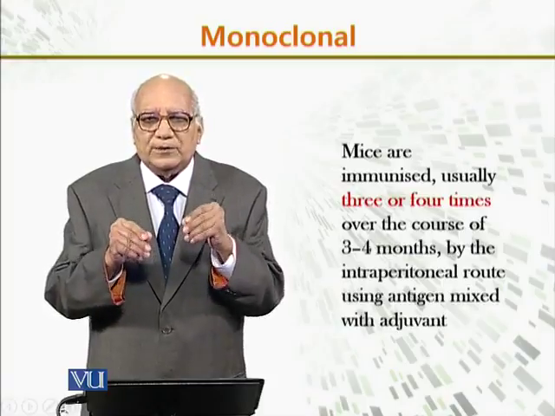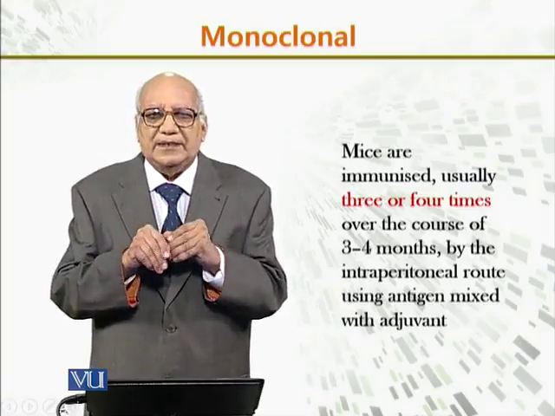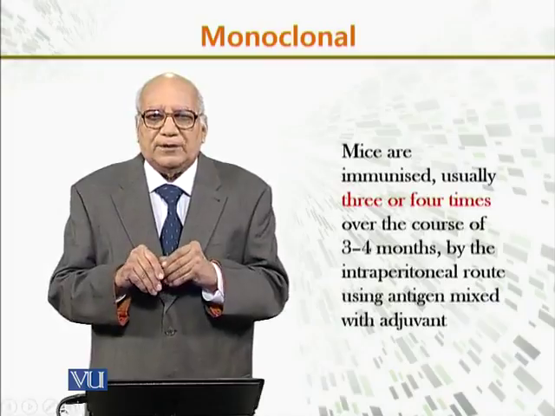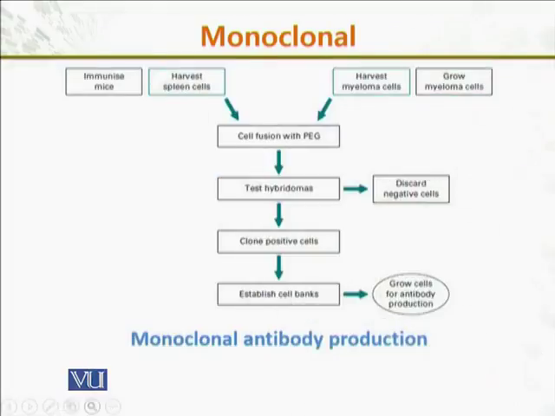The intraperitoneal route means that the antigen is injected into the intraperitoneal cavity of the mouse, repeatedly over 3 to 4 months.